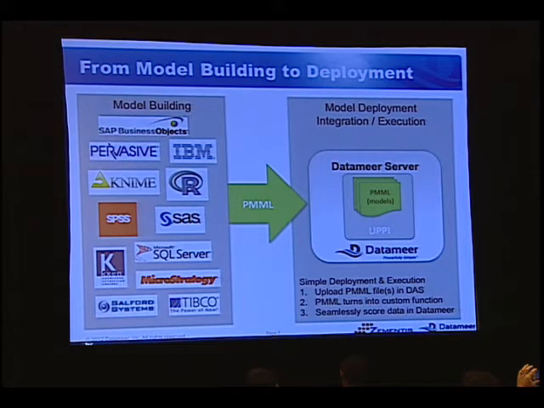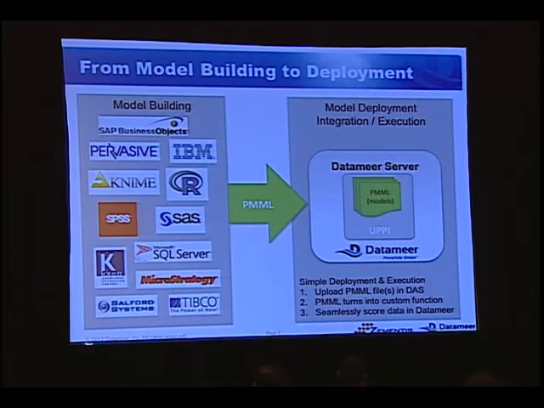On the left side, you see all the great tools that support the PMML standard. The list is actually much longer, but that's all I could fit here on the slides. And then once you build the model and you export it in PMML format, then basically it allows us to transition it over into Datameer through the Universal PMML plugin, or short UPPI.